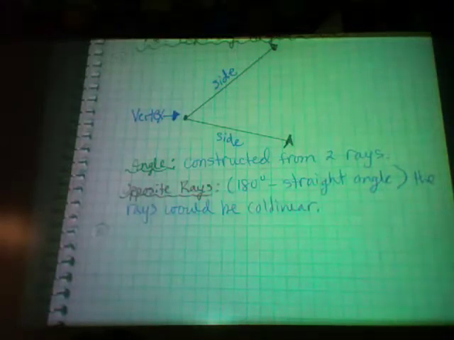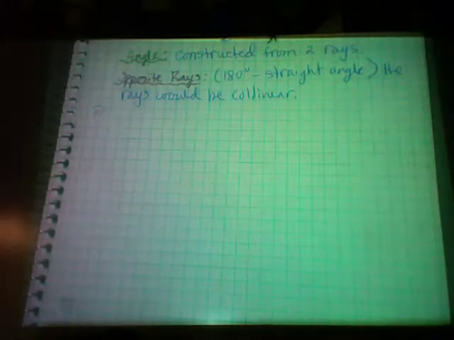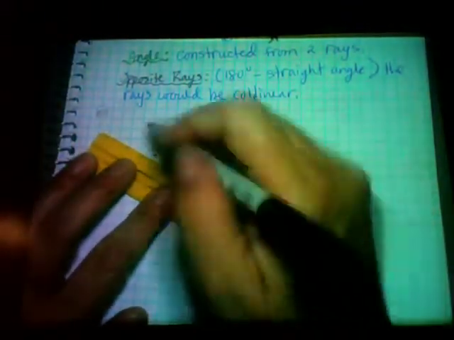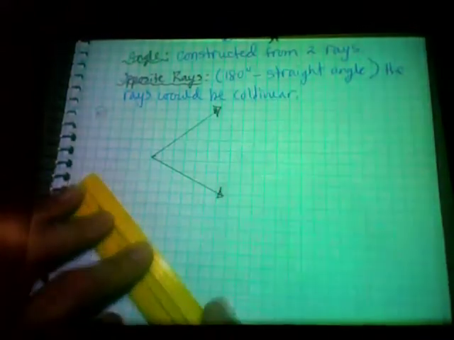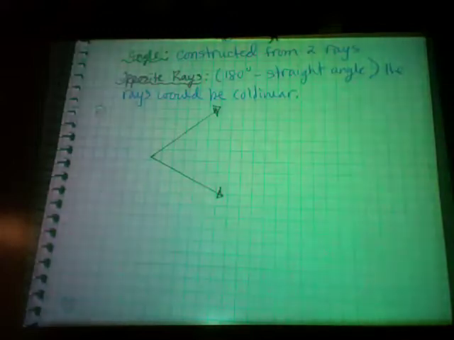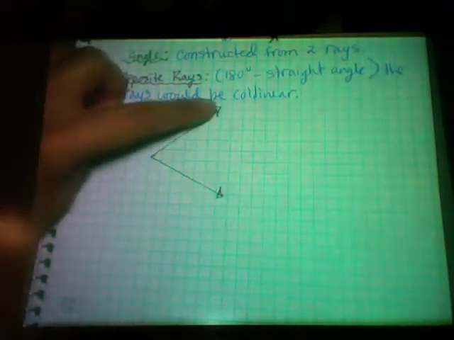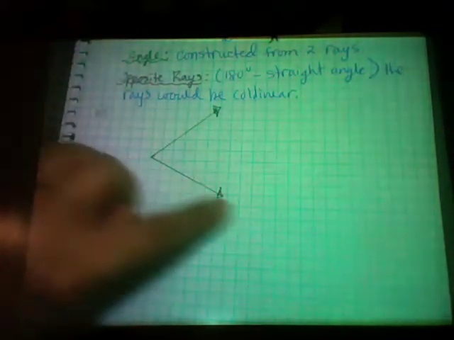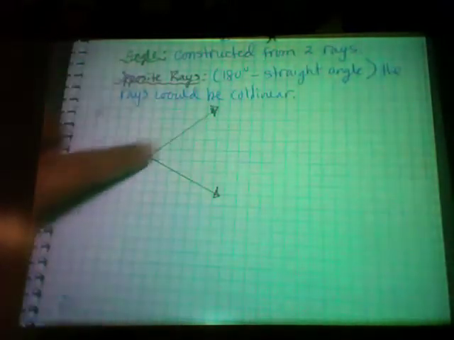All right. Let's look at the actual other parts of a ray, because you're going to be asked to note this. So let's draw another angle. Okay, so there's that lovely angle again. Now, would you not agree that, let's look at the angle itself, the sides of that angle and the vertex as a fence.